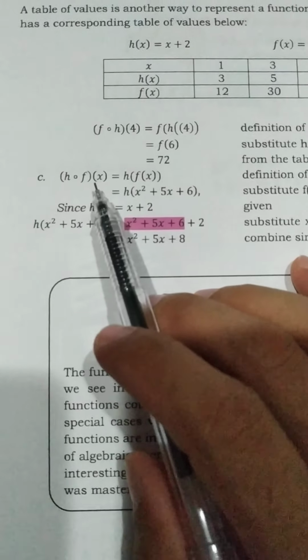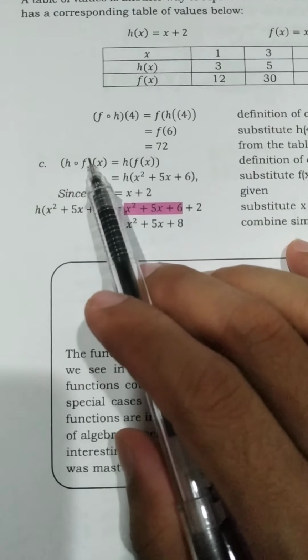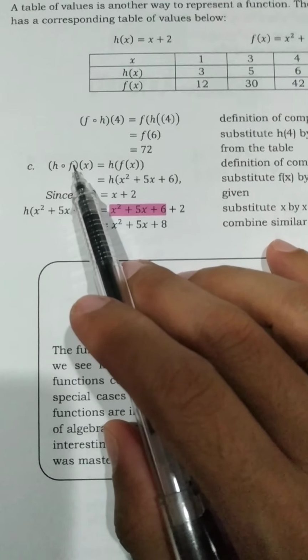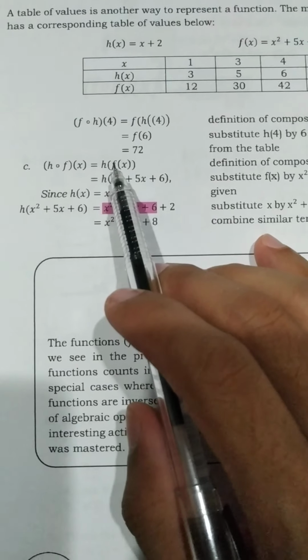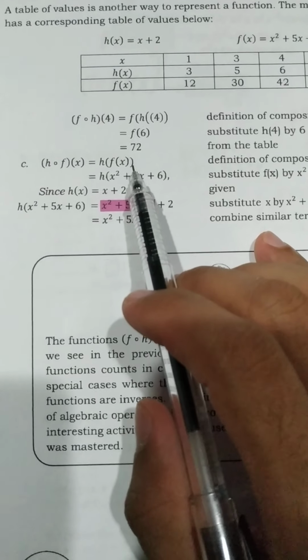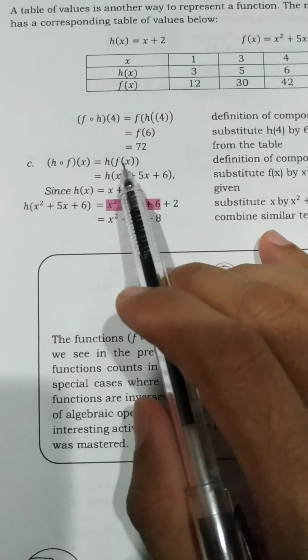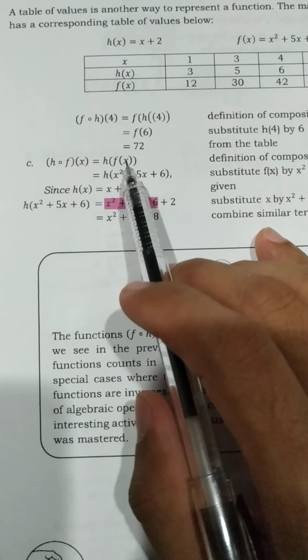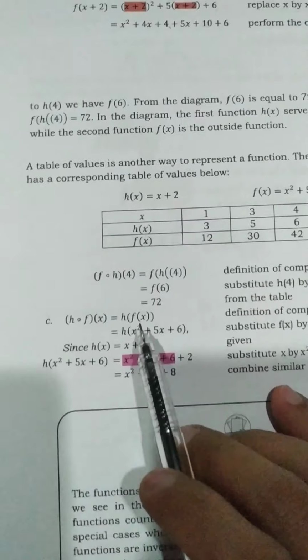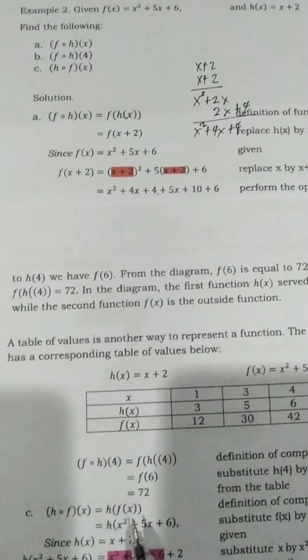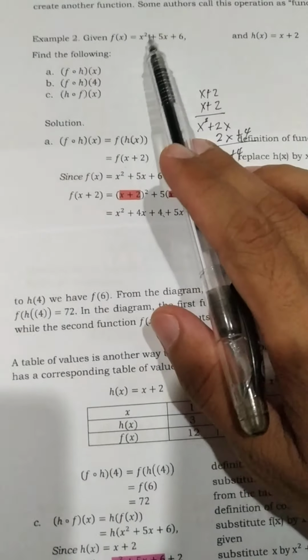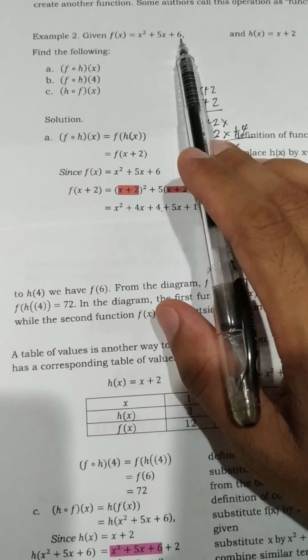Lastly, letter C. For letter C, we have h of f of x. So this will become h of x, f of x. So f of x will be replaced by the given f of x. So our f of x is equivalent to x squared plus 5x plus 6.